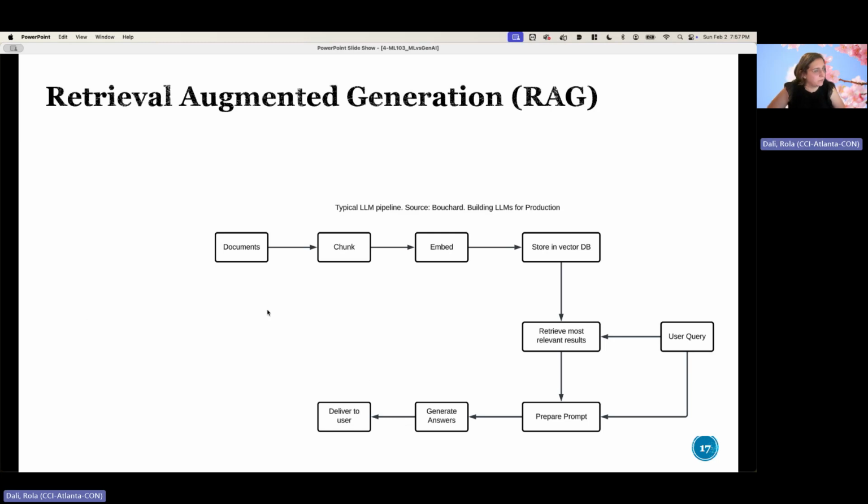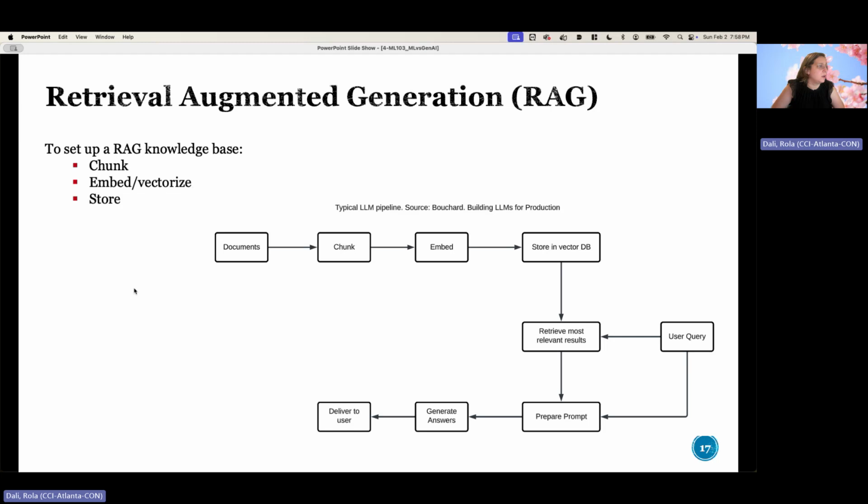This is a more complex view of this. So when you want to set up a RAG system, there's a few steps you can go through. So these are documents, you can chunk them. You chunk them, which means you cut them into smaller pieces, or you divide them into smaller pieces, and then you embed them, which means you vectorize them. We'll talk a little bit about what embedding and vectorization is in a little bit, but you go through these steps, you chunk, you embed, and then you store it in the database.